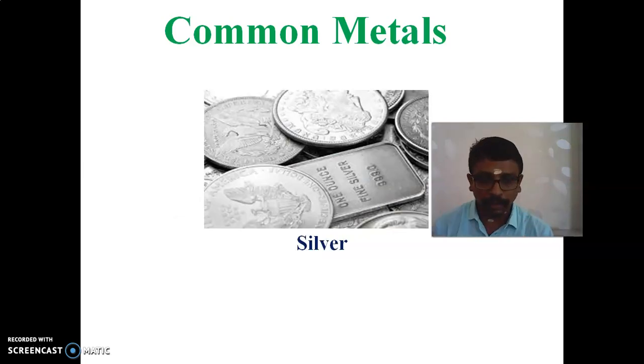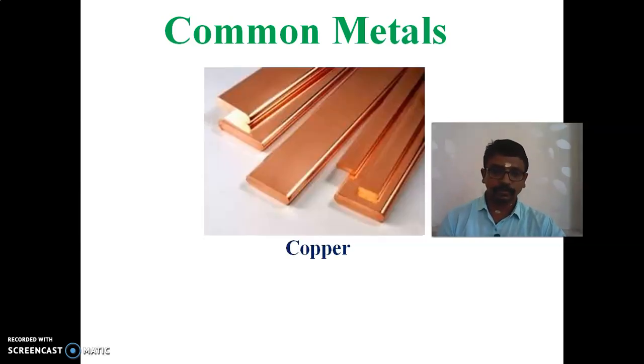And next is silver. The silver formula is Ag. You can see here the silver is lustrous and very hard. Silver can be used for making ornaments and vessels. And copper. What is the symbol for copper, children? Cu.